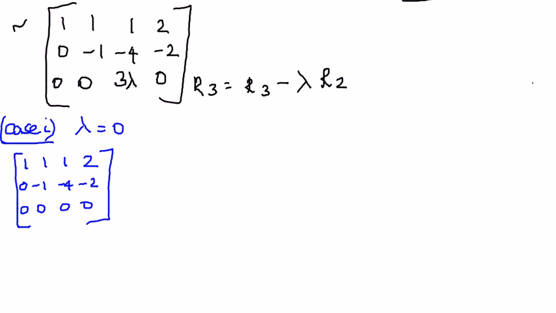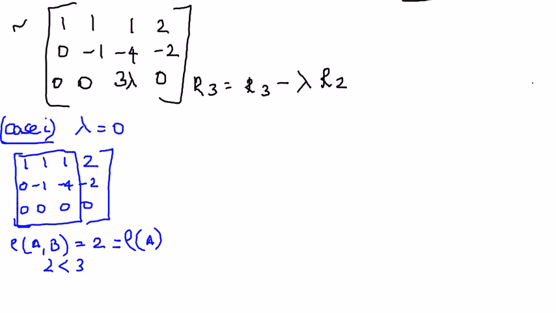Here the rank of A, B is equal to 2. That is, you have 2 non-zero rows. And this is also equal to your rank of A alone, right? The A matrix alone will also have the rank as 2. But you know that it is not equal to the number of unknowns.